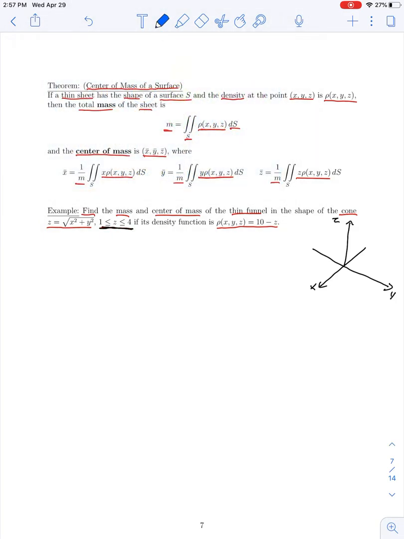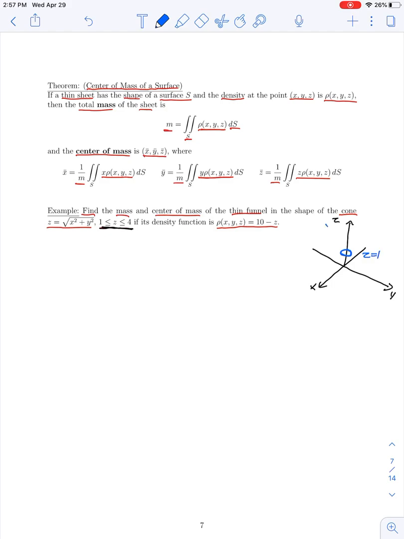So in the plane z equals 1, that is 1 unit above the xy plane, we would have the equation x squared plus y squared equals 1. So we would have a circle centered at the origin of radius 1 within the plane z equals 1.